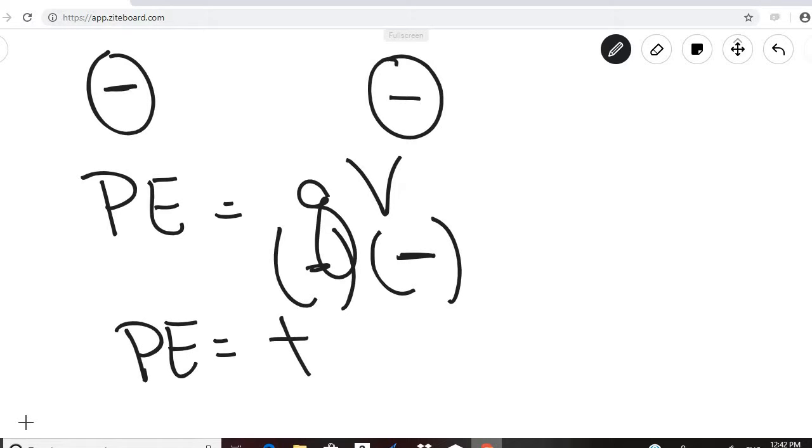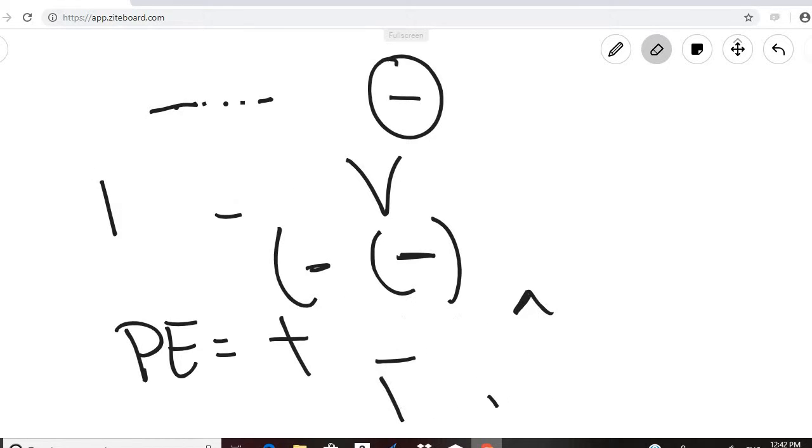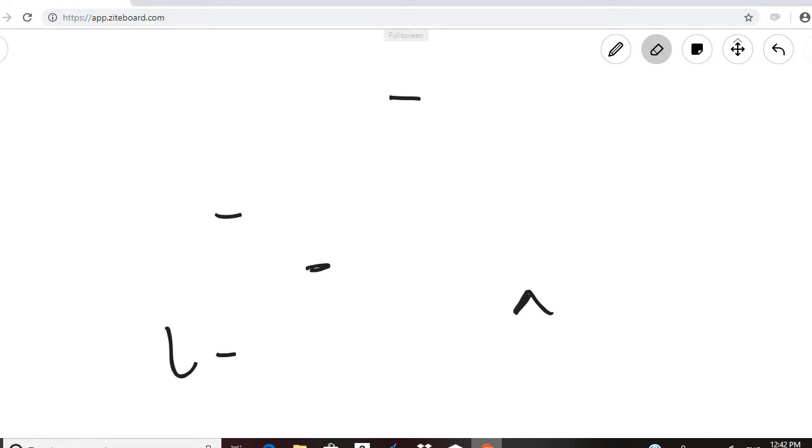It's positive, which means that it is increasing. And if it is increasing, then kinetic energy is going to be decreasing. Okay, so that initial kinetic energy that we gave to that particle will decrease, and as it's decreasing, the potential energy will be increasing. Again, in accordance with the first law of thermodynamics.